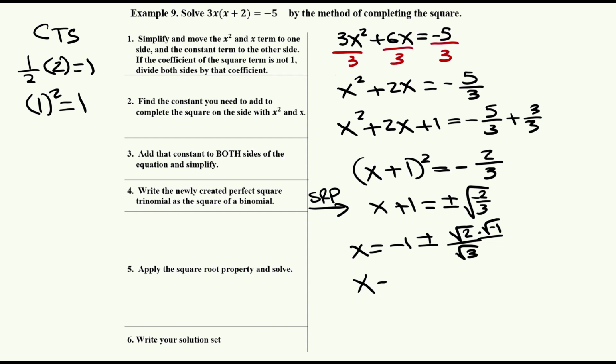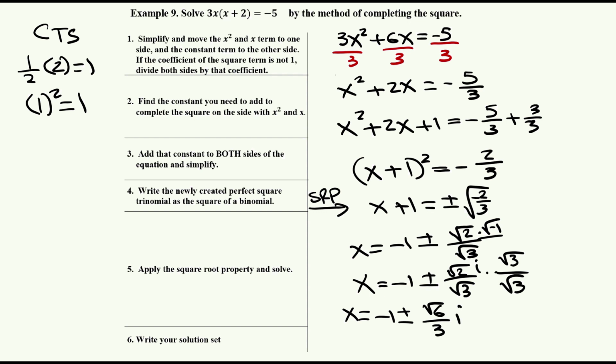So we get x equals -1 plus or minus square root of 2 over square root of 3 times i, and we need to rationalize that denominator, so we're going to go ahead and multiply by square root of 3. So we get x equals -1 plus or minus square root of 6 over 3 i.